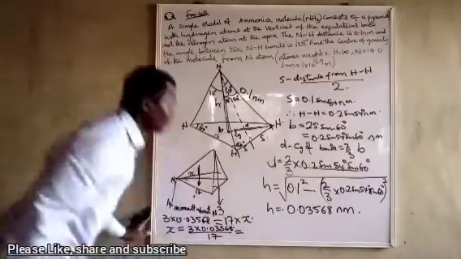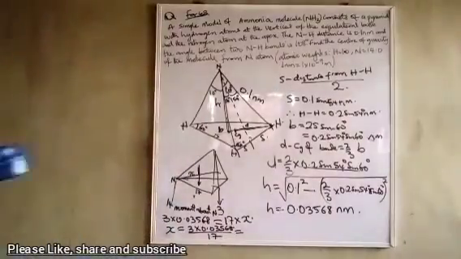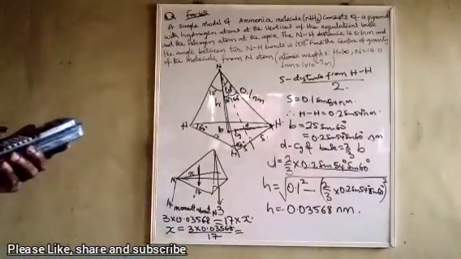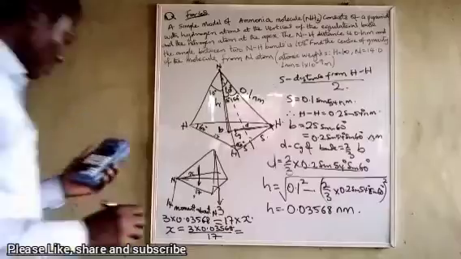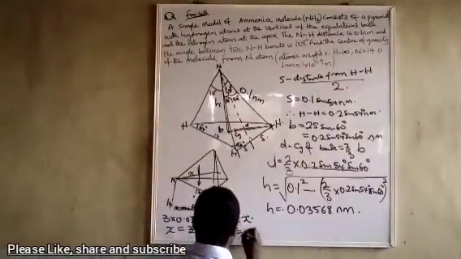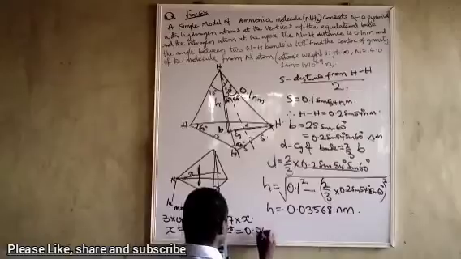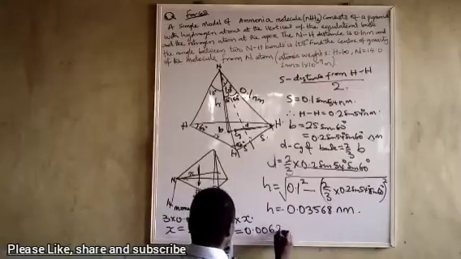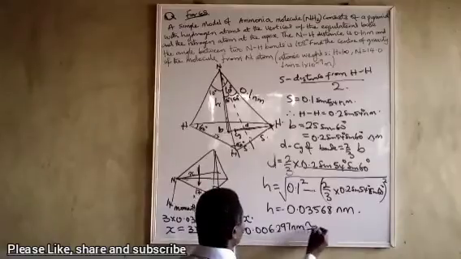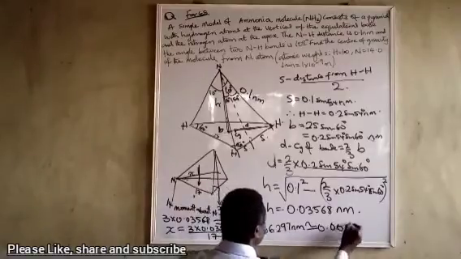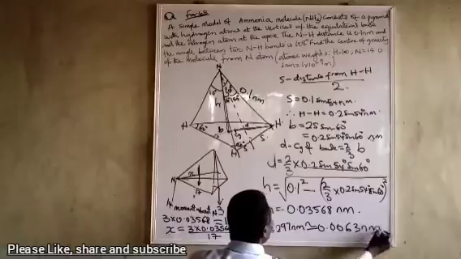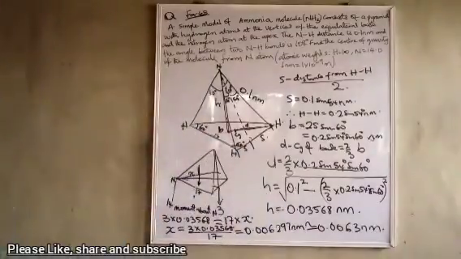And what does that give me? It gives me 0.00697 nanometer, approximately 0.0063 nanometer. So that is the distance of the CG from the nitrogen atom.